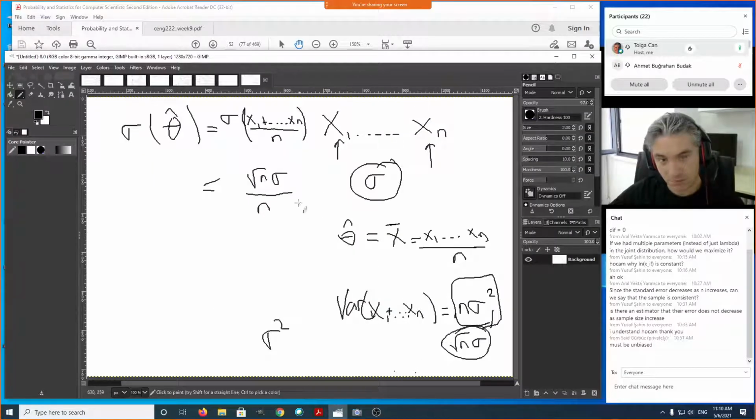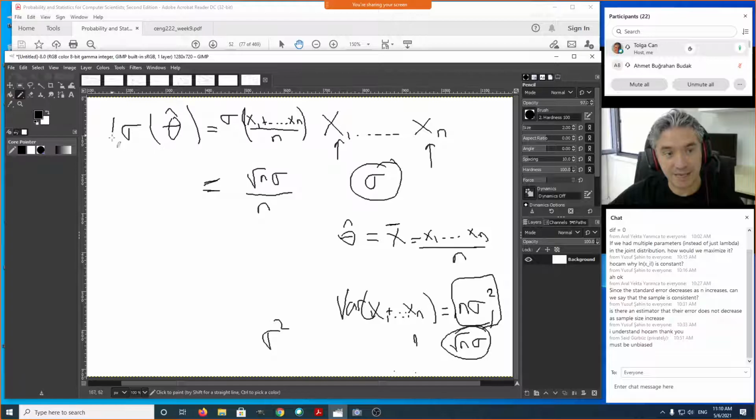So the variance of this thing is going to be 1 over n squared, but when you take its square root to find the standard deviation, what you're going to get at the end is this.